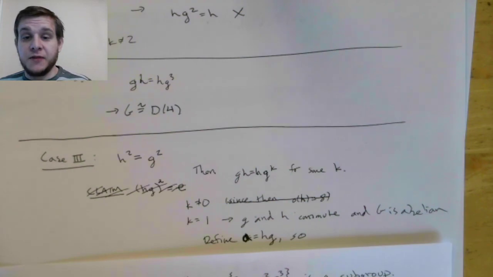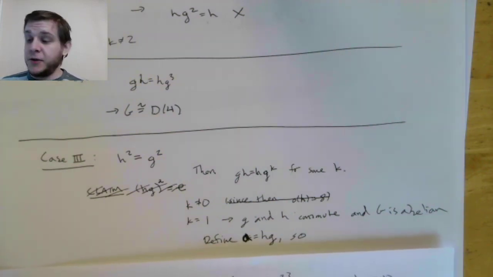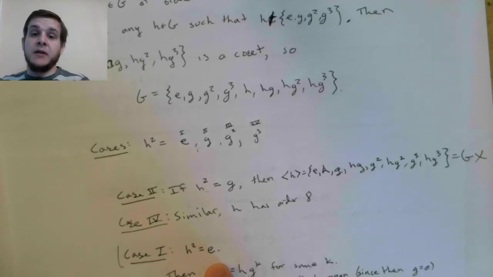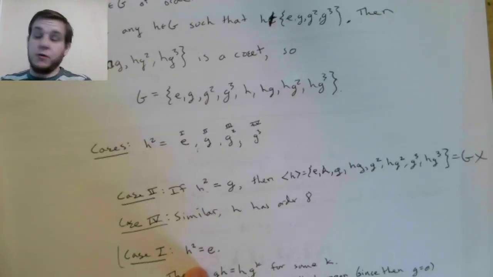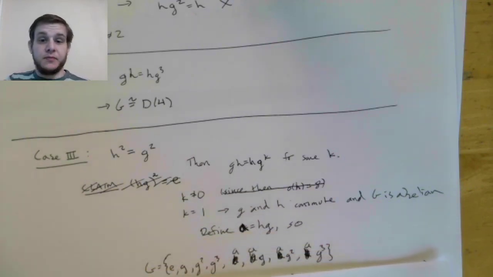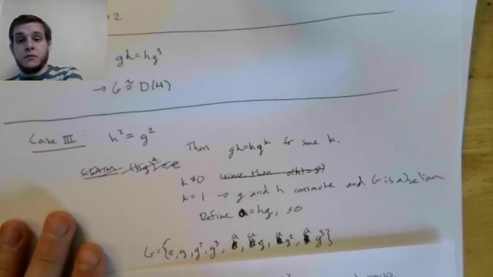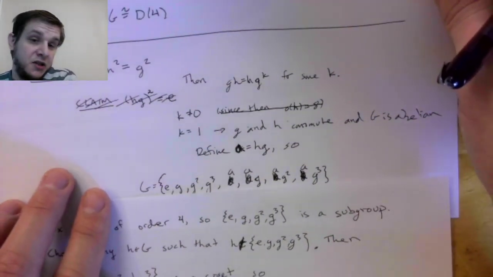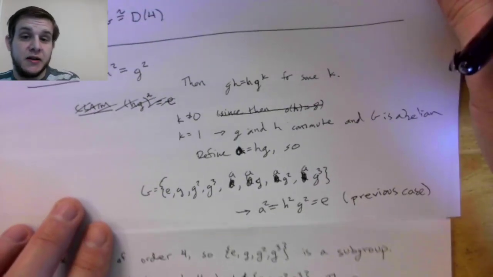And I want to show that if I chose A instead, then I would get A squared is equal to the identity, and I'd be back in this case. So I could handle whatever group appears here by looking at the previous case. As I said, A could have been chosen as the other elements. So G can also be written like this.